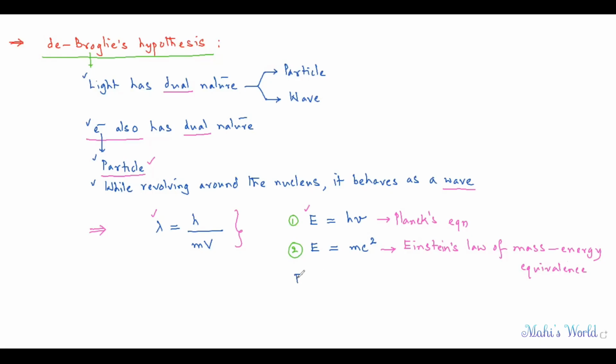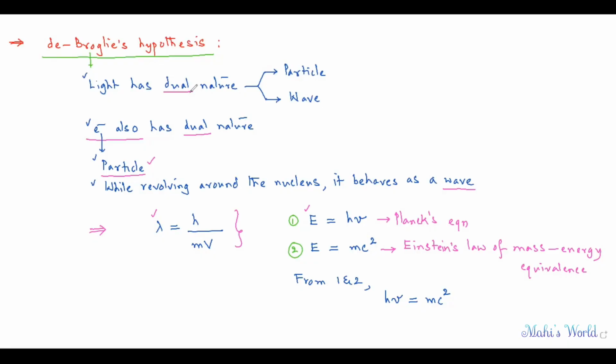Now, from equations 1 and 2, it can be written as h nu is equal to mc square, right? Because LHS is same, RHS must also be equal. When these two are same, these two must also be equal. h nu is equal to mc square.